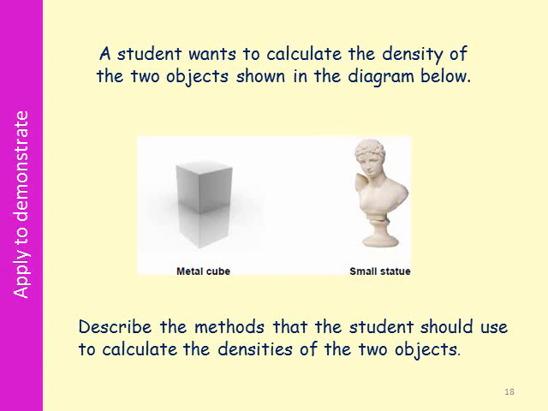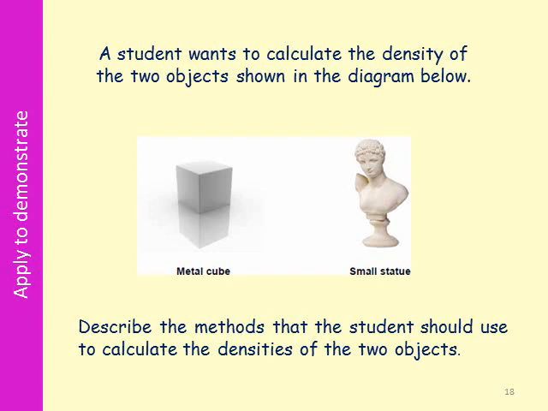Describe the methods that students could use to calculate the densities of the two objects. If you pause the video now and have a go at writing your answer, it's a 6 marker, so 6 sentences to answer how you would go about doing that experiment.